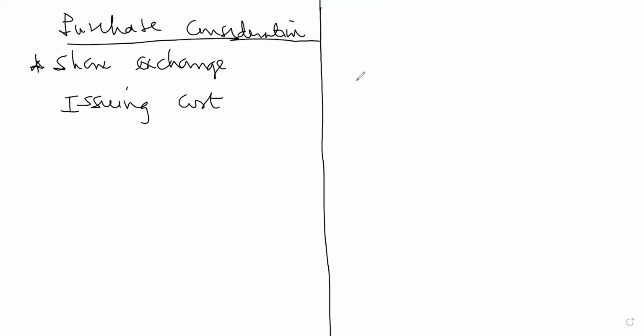Okay. So since you don't want to expense the issuing cost now, it means you go and debit the issuing cost in the equity shares account. So the issuing cost will be treated as a transaction cost in line with IFRS 9 financial instruments. Any other cost associated with the acquisition should be expensed.